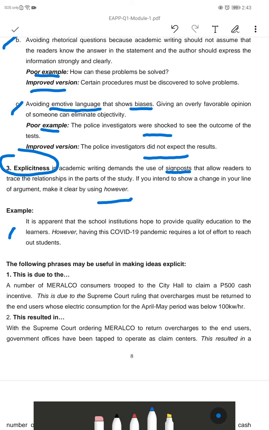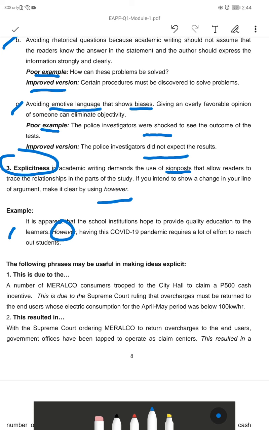In Tagalog, alam naman natin na gusto ng mga eskwelahan na magbigay ng magandang quality ng education sa mga nag-aaral. Now, the writer here used however to show the change of topic. So, after talking about the goal of the education institutions to provide quality education to learners, the writer changed the topic to COVID, saying, however, having this COVID-19 pandemic requires a lot of effort to reach out to students.